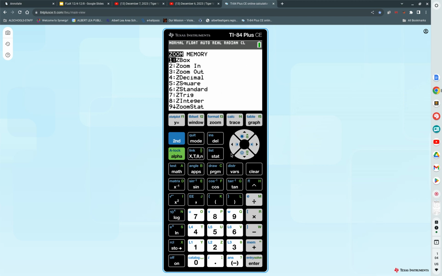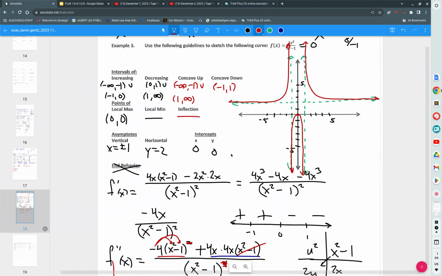I'm going to zoom standard so I can get more of a 10 by 10 window. How do you feel like that compares to our drawing right there? I think it's pretty spot on. Yeah, I'm going 9.5 on that. Well, that's pretty impressive. And if you want to tighten any of it up, you can go ahead and punch in values and try to get a couple of coordinates here or there.